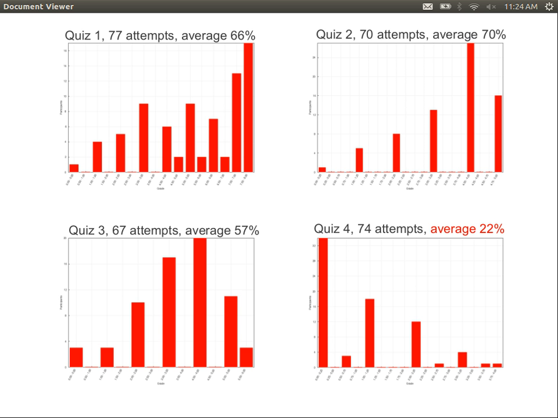The average was 66%. Quiz 2, still people were getting high marks, 70% average. Quiz 3, still not bad, 57%. People are around here. Quiz 4, average 22%. Most people got 0. Some got 1 out of 4. Not many people got full marks.